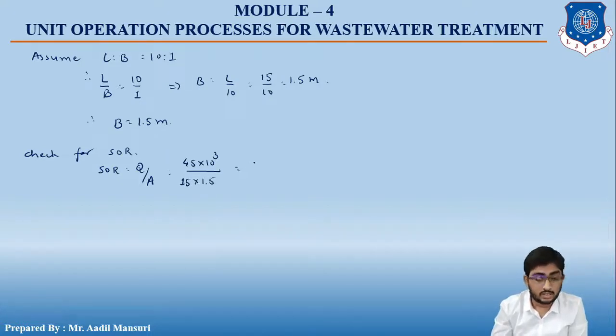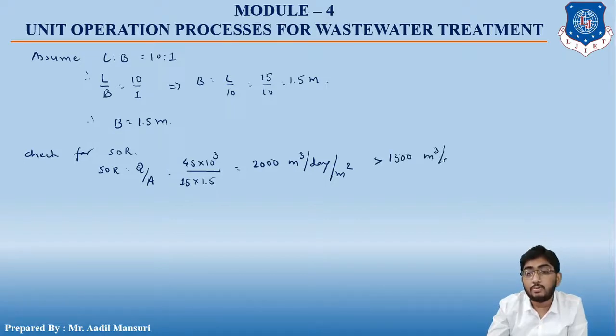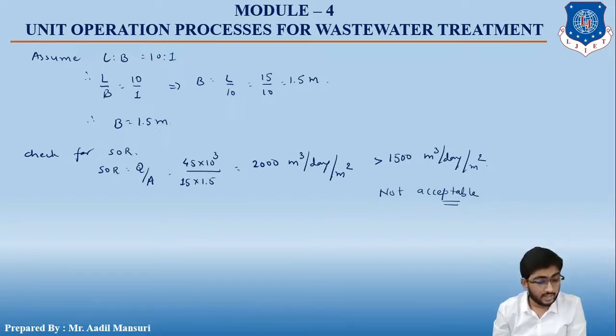So this is coming out to be equals to 2000 meter cube per day per meter square, which is greater than 1500 meter cube per day per meter square, right? So this value is not acceptable, right, students? So if this value is not acceptable, you need to redesign.